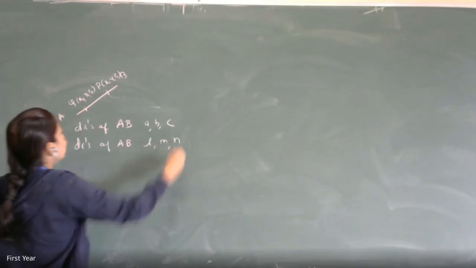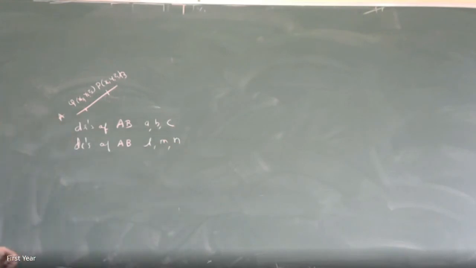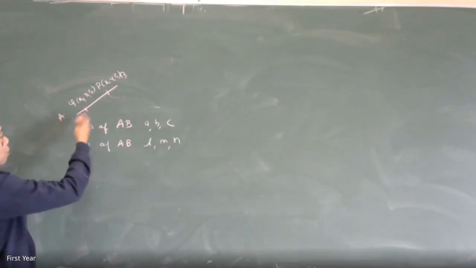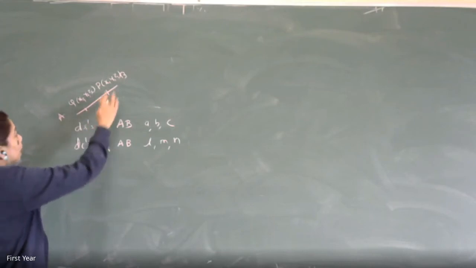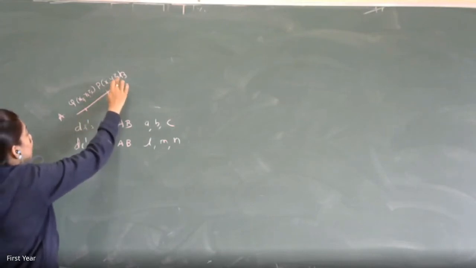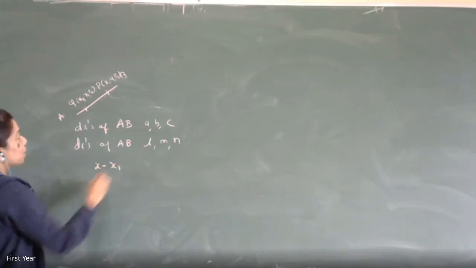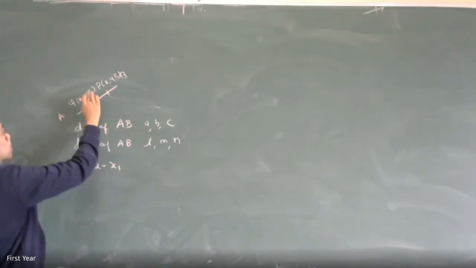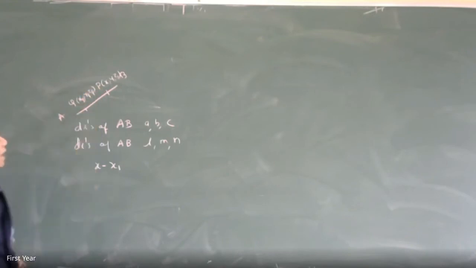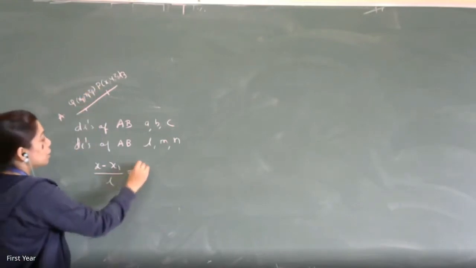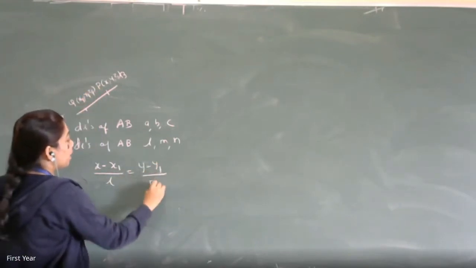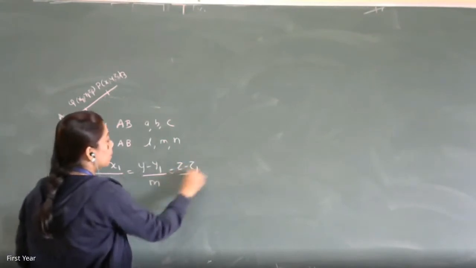Then we have written the equation of line in symmetrical form. Two points may be given, or in general, if you want to write the equation, I consider P to be x, y, z. Then x minus x1 by l is equal to y minus y1 by m is equal to z minus z1 by n.